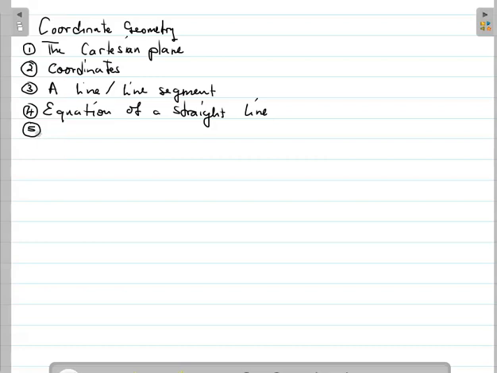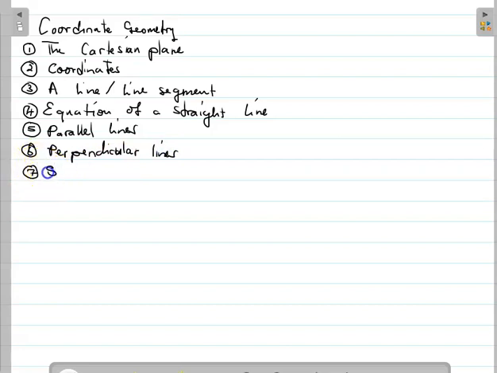And after that, you're going to learn about parallel lines. Then perpendicular lines. Forgive my horrible handwriting.